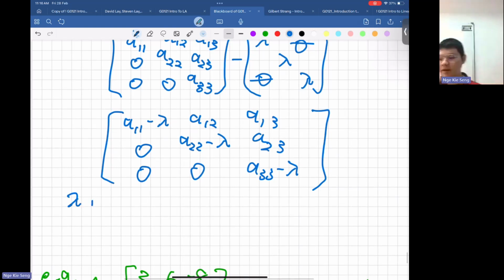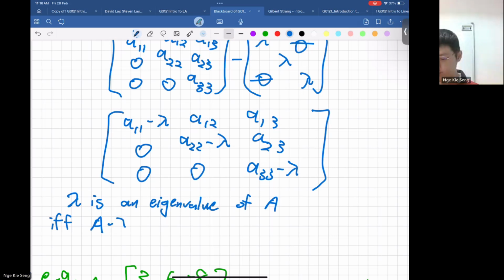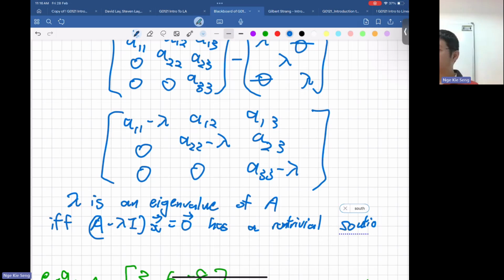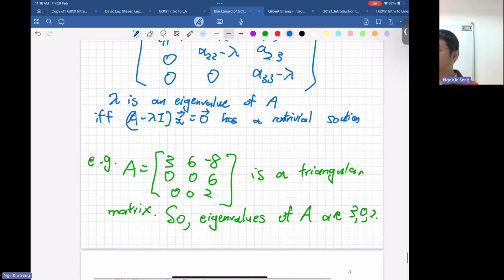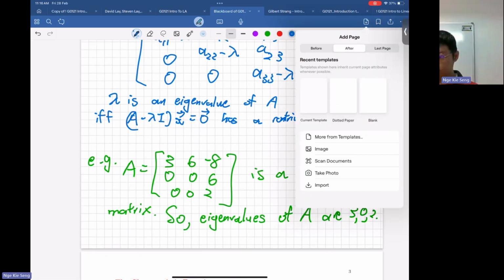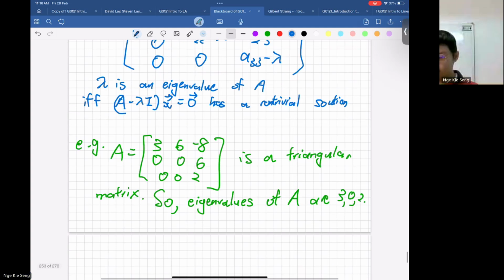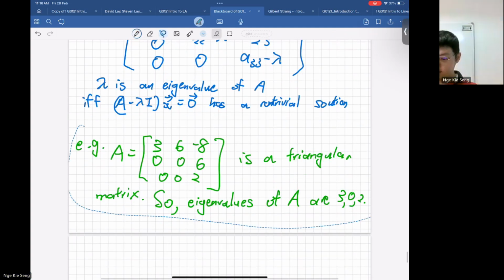What we want to solve is, only if what? A minus lambda I times x equals 0 has a non-trivial solution. But having a non-trivial solution means what? When you solve the REF, what does it mean?